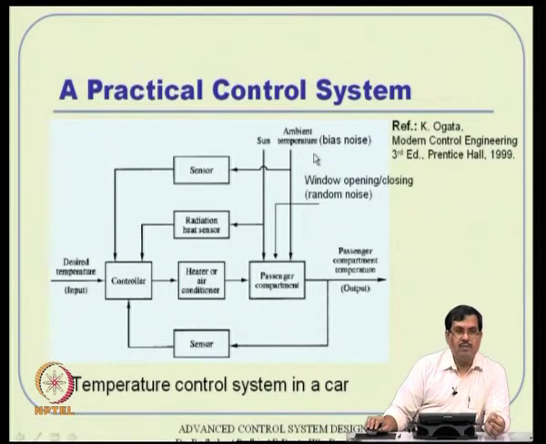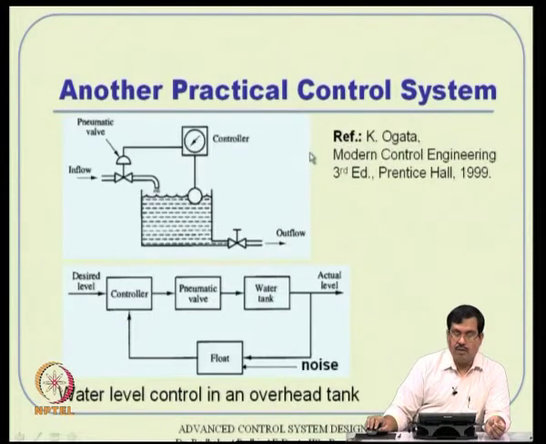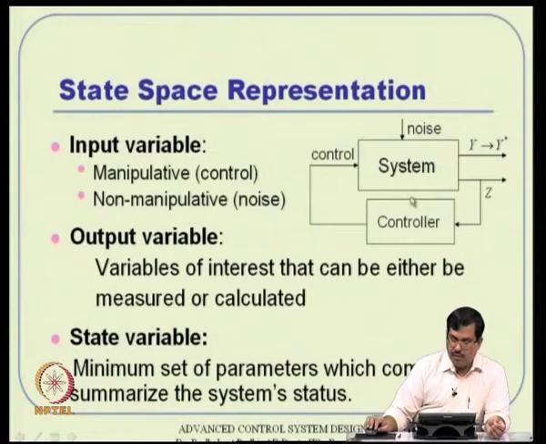The system is going to respond to those inputs, and those are nothing but noise inputs actually. So, you have a control input and you have a noise input. As far as outputs are concerned, there can be two types of outputs. One is the performance output, which may not be sensed by your sensors, and there is a sensor output.